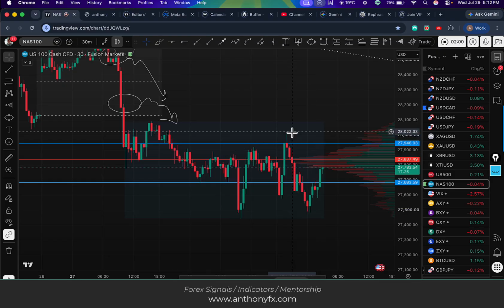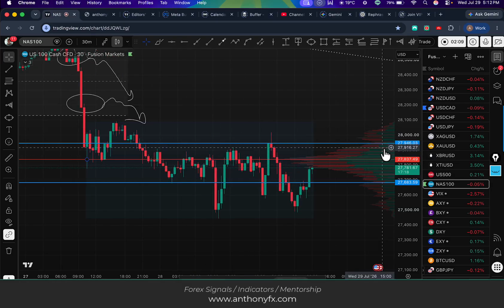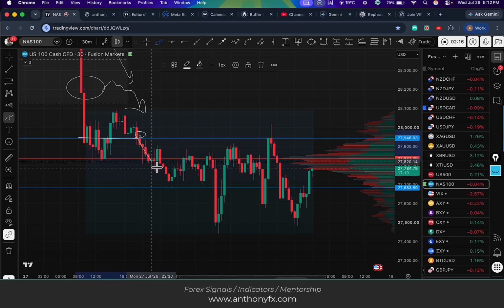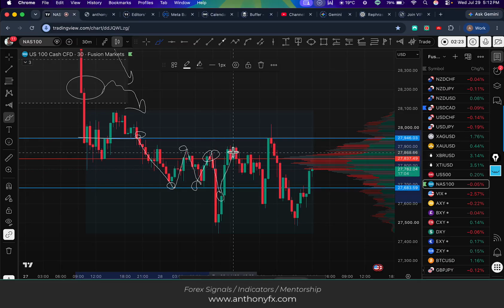Anyway, how do you get involved with this? It's got to work around the auction, right? When you map these areas out, generally speaking, it's going to work its way from the high to the low of the range, up to the point of control, back to the low of the range, back past the point of control, with a few diversions here and there.